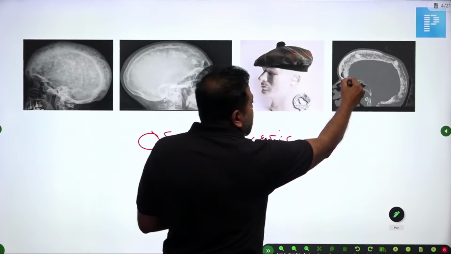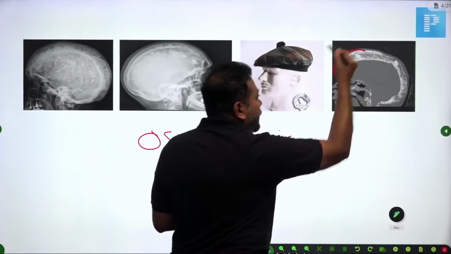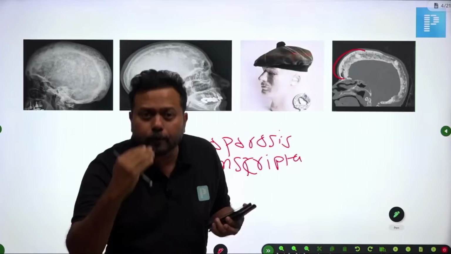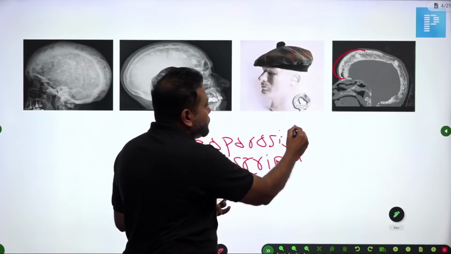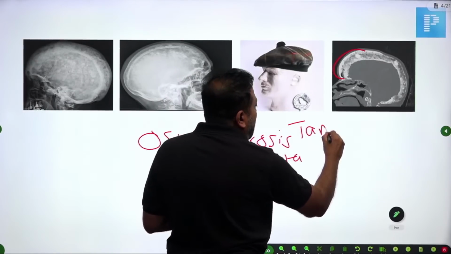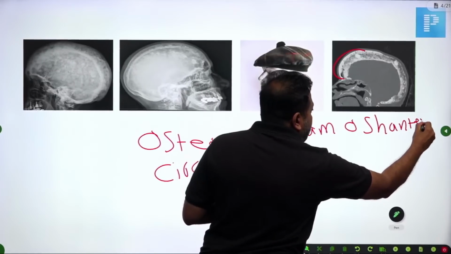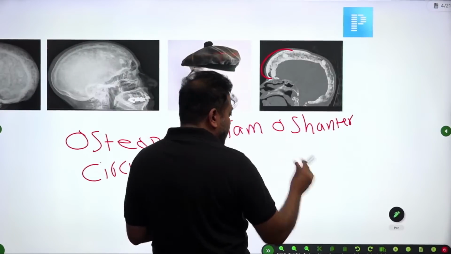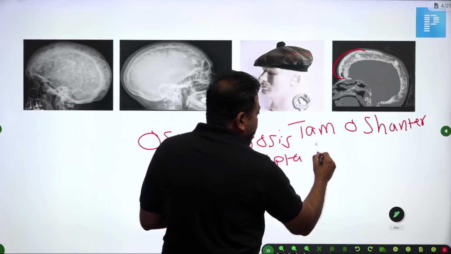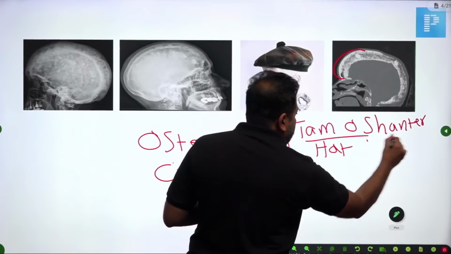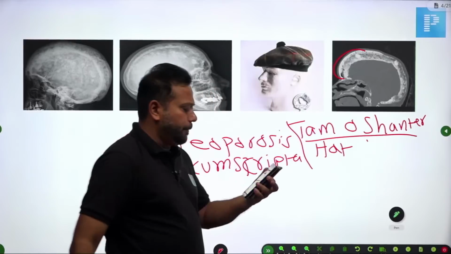Also there is overhanging of the frontal bone of the skull, which gives an appearance called tam-o-shanter hat appearance.